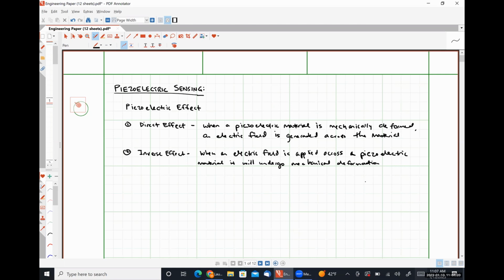Okay, so this can sound fairly similar to the piezo-resistive effect, okay? So in the piezo-resistive effect, when we stress a material, we see a change in the material's electrical resistance, right?